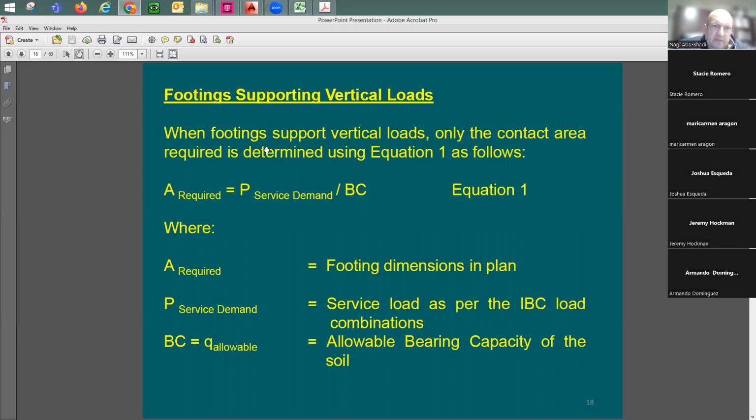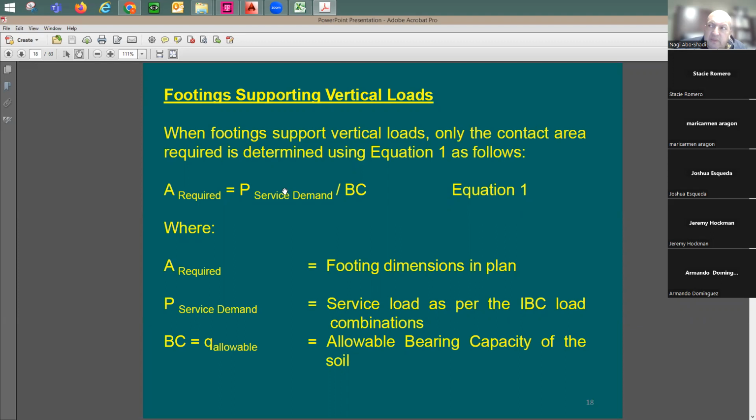Like what we said last time, we want to be sure that the acting pressure, the soil pressure, is going to be within this BC, and BC is the same as Q allowable, which is the allowable bearing capacity of the soil. So in order for us to do this, we need to size the footing so that when you take the P service demand, which means the total dead load and live load with no load factors.